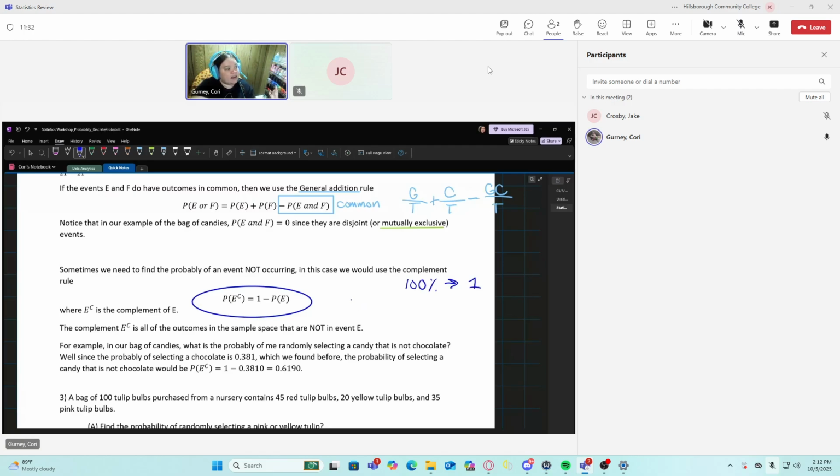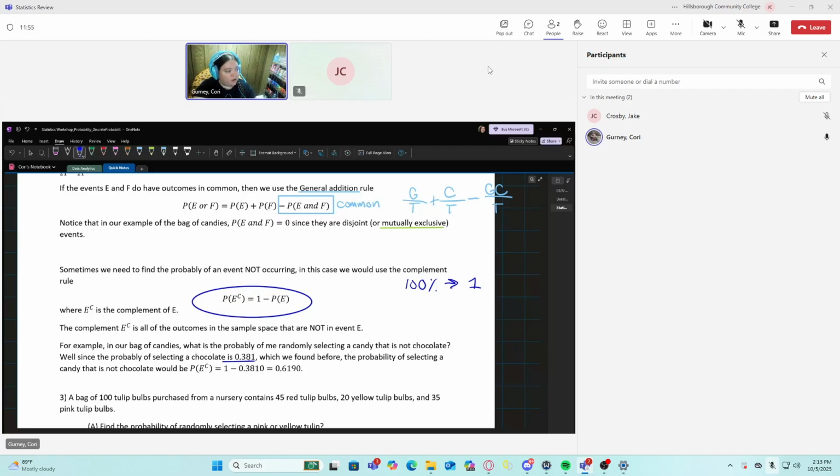If I said, well, this happens 90% of the time, we can find how often it doesn't happen, right? So in the example of our bag of candies, what is the probability of me selecting a candy that is not chocolate? Well, I already know the probability for selecting chocolate. We found it earlier.